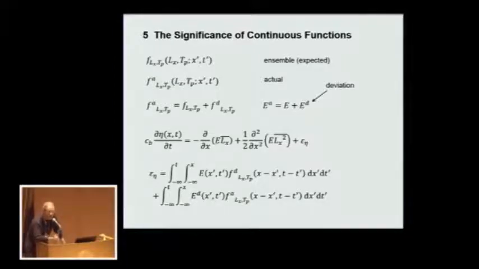At any given instant, we have a sample of particle motions being drawn from the underlying ensemble distribution. So we can define the actual thing that happens at an instant as being equal to the ensemble plus a deviation. We describe the actual entrainment rate as being the ensemble expected value plus a deviation.